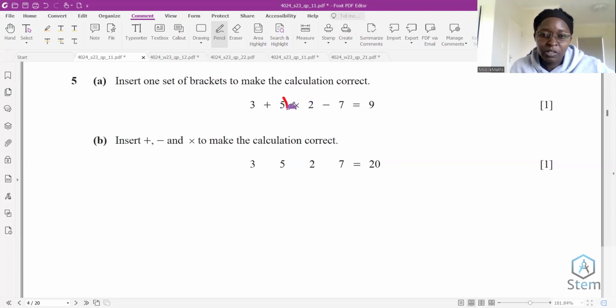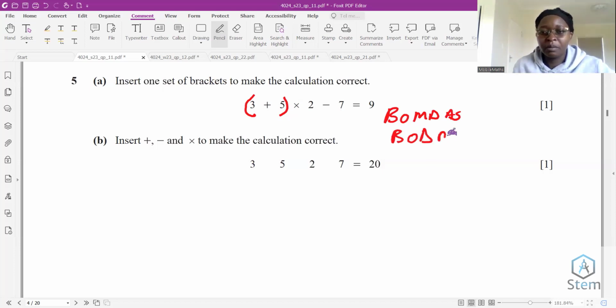So I can say, first of all, I'm going to add these 2, then I multiply, because we have what we call BODMAS. These are usually confused, but you can see from this expression that my addition comes after multiplication and division, but I can do the addition first, then this becomes valid. So let's just put the brackets there.